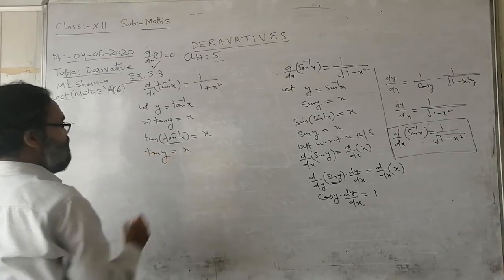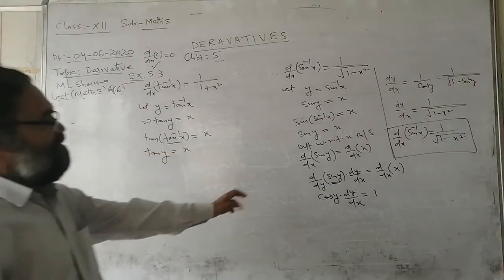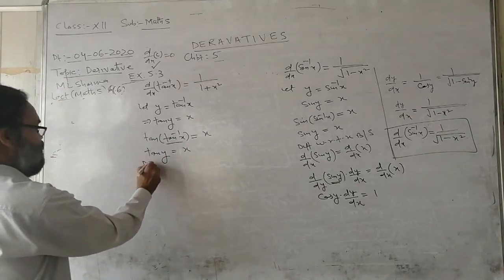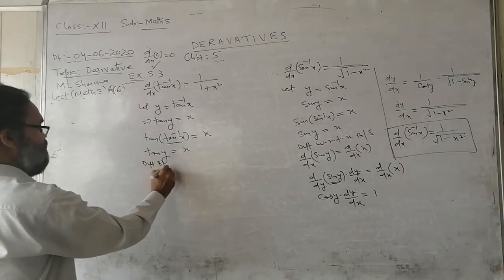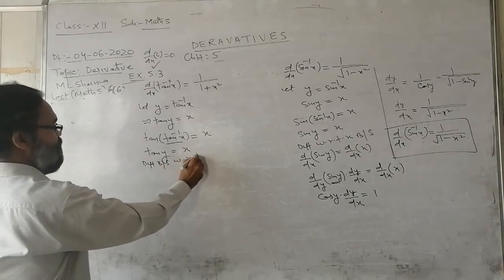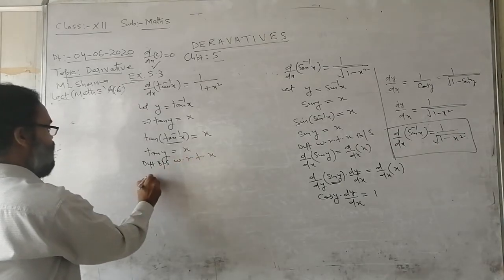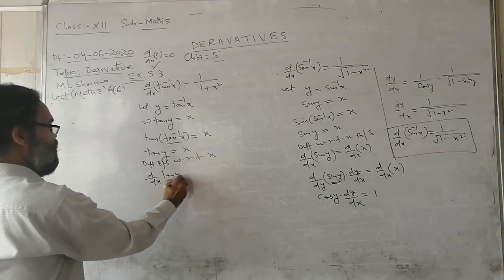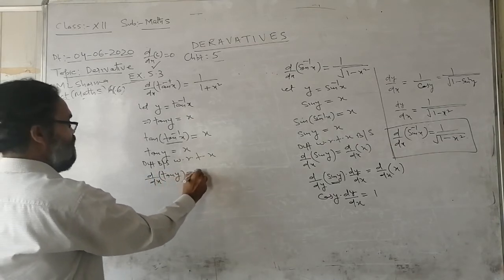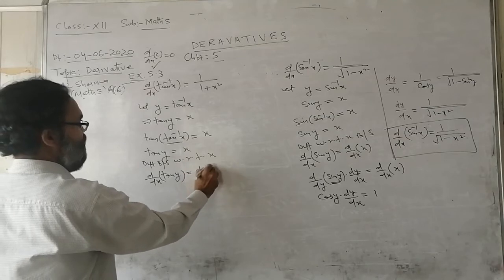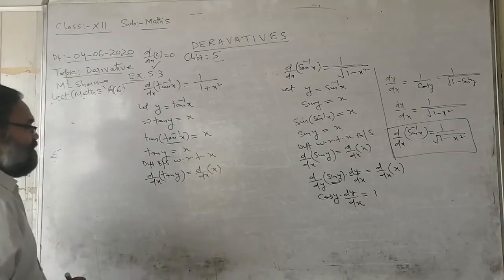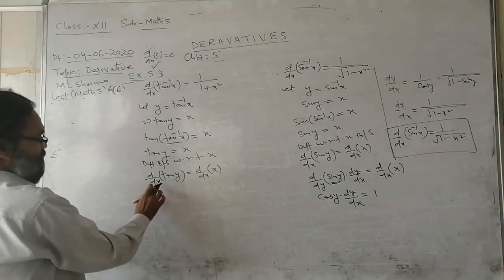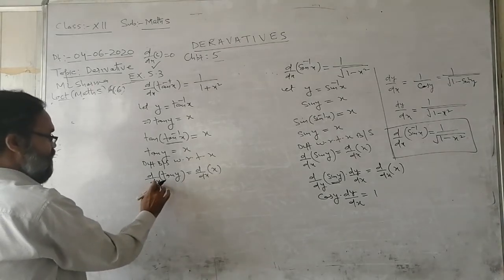So again differentiate both sides with respect to x. This will be d upon dx of tangent y and d upon dx of x. So again this is to be changed into next variable from x to y.